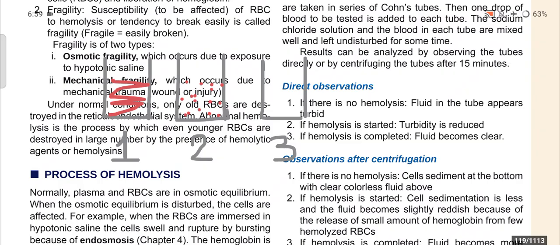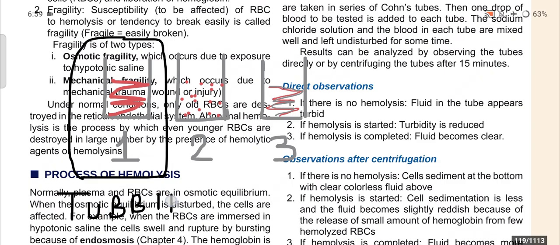This is the second one. And this is the third one. I have no white color, that's why I have to show it like this. Okay, let us start explaining. So in the first one, what is happening? Here the turbidity is more, and in this case there is no hemolysis.